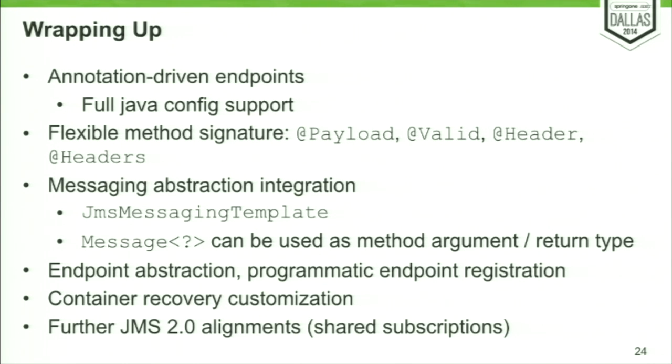A note to be added here, we've also improved our JMS 2.0 support. The JMS 2.0 story has been started in Spring Framework 4.0. In 4.1, we added, for example, the shared subscription support. Our JMS listener containers are now able to deal with a shared subscription, a shared durable subscription, typically in JMS 2.0. So it's also fully up to date with JMS 2.0, but of course it doesn't require it.